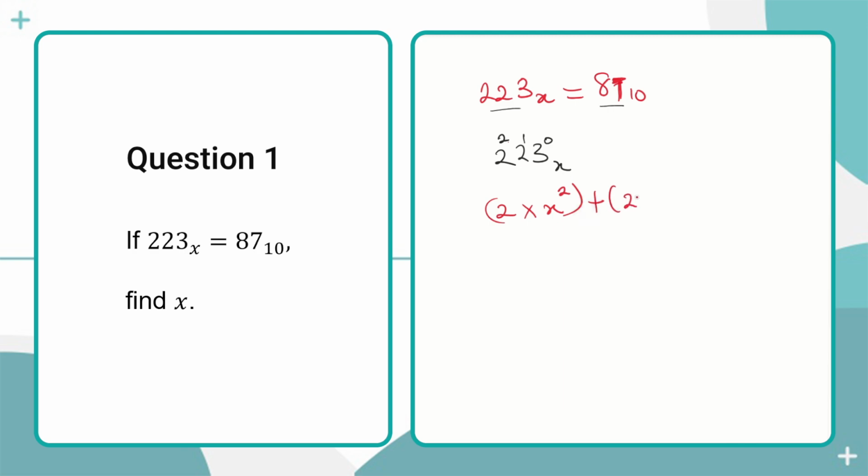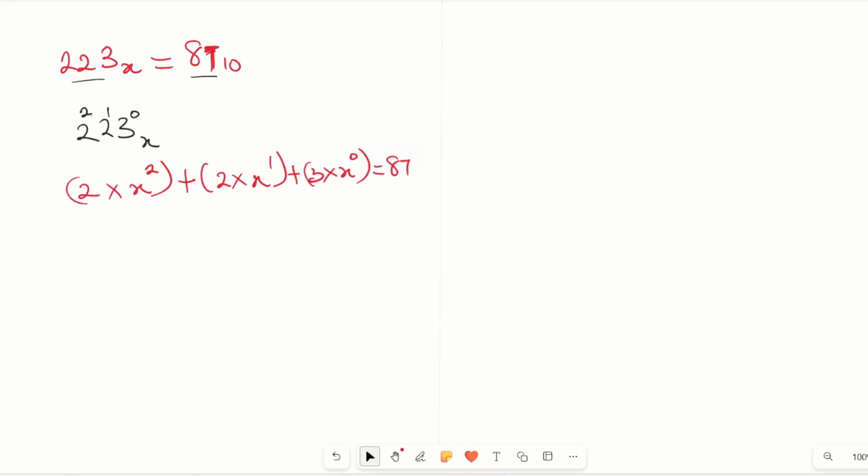The next one will be 2 multiplying x raised to the power 1, then the addition sign, then 3 multiplying x raised to the power 0. All this is equal to 87, because once we do this, we have converted it to base 10 numerals.